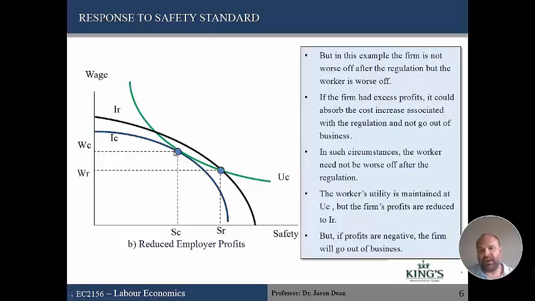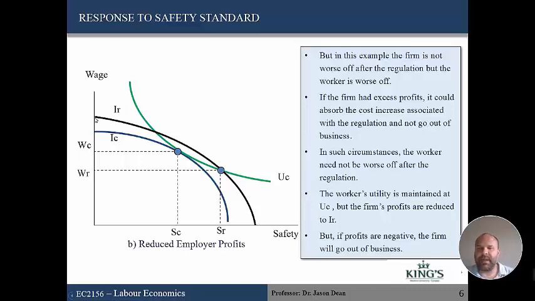So if they wanted to keep the worker equally happy with the safety regulation, they would have to offer them a higher wage. And then that higher wage would correspond to a higher isoprofit curve.